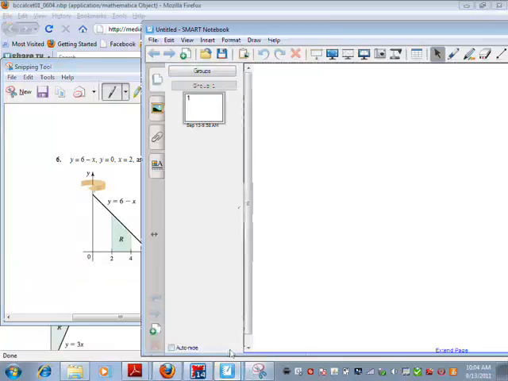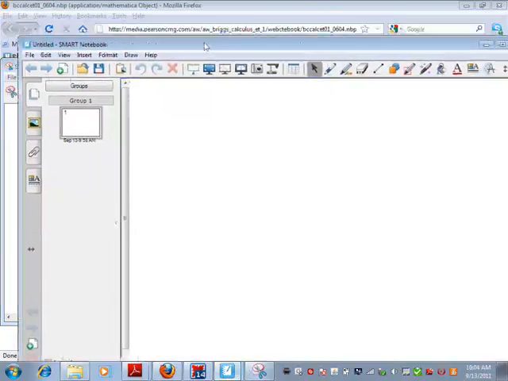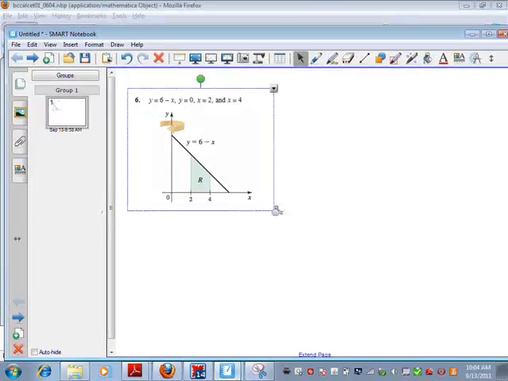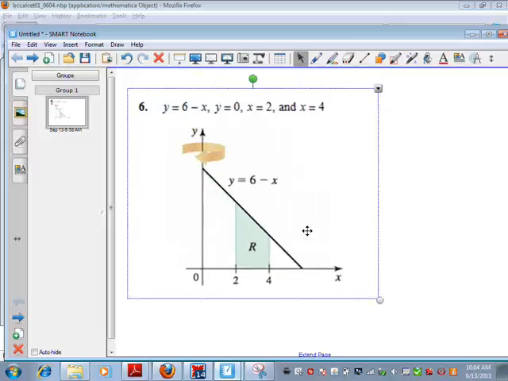Again, on the exam, I'm going to give you a graph that looks like this, and I'll ask you to rotate it. In this case, it is around the y-axis.